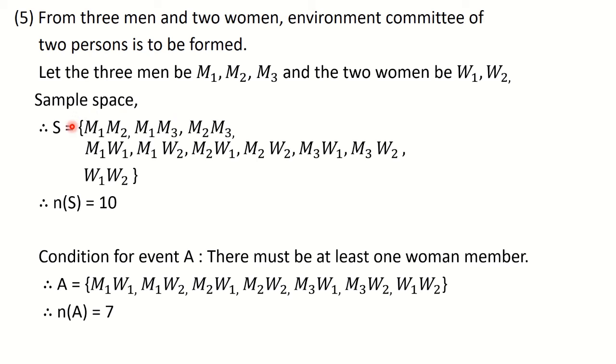First write down all the men in the first line. Then second line, one man and one woman. So for M1 you can write down 2 points. For M2 you can write down 2 points. And for M3 you can write down 2 points. And finally in the last line, only women. So W1 and W2. Okay. Complete it.